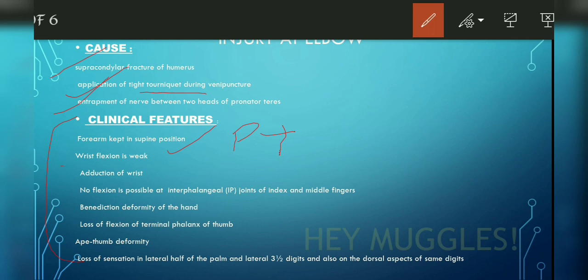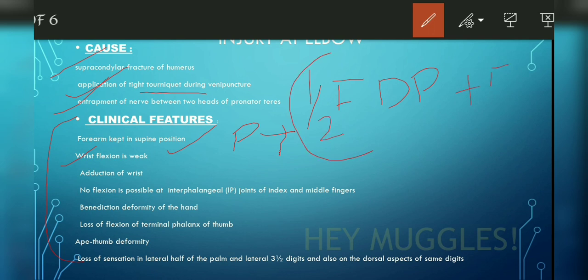Then the wrist flexion would be weak. It is due to paralysis of your forearm flexors except the medial half of flexor digitorum profundus and flexor carpi ulnaris, as these two muscles are not supplied by your median nerve.